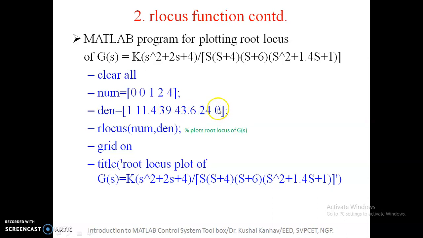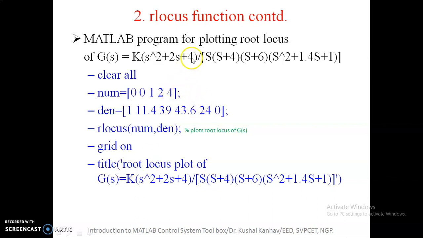So this 0 is related to the s to the power 0, this 24 as s to the power 1, then this is s square, s cube, s to the power 4 and s to the power 5. So since the denominator polynomial has the highest power of s as 5, there will be 5 coefficients in the numerator polynomial also.